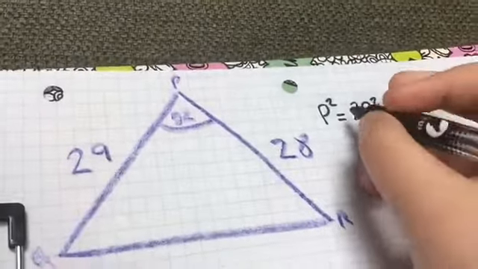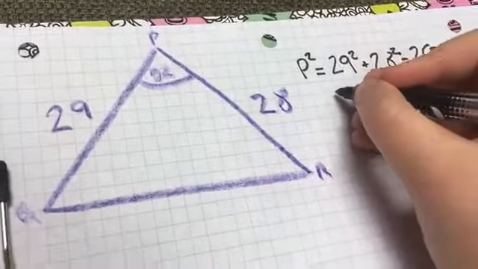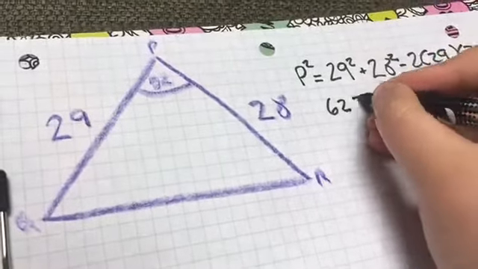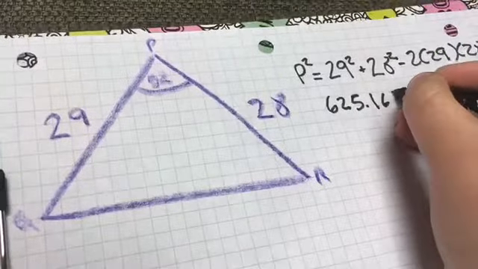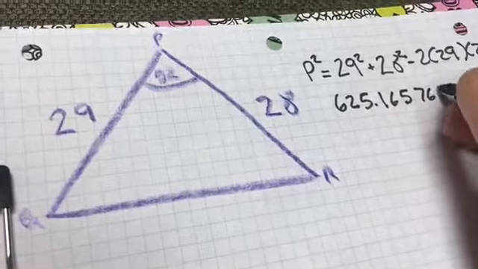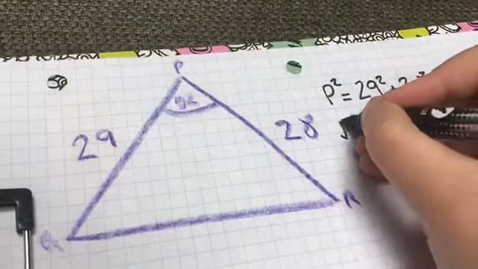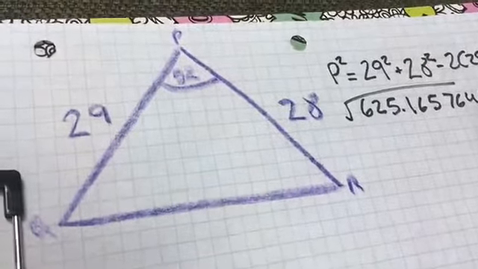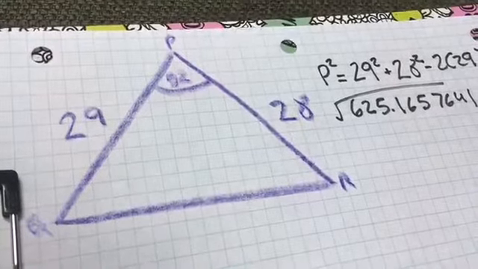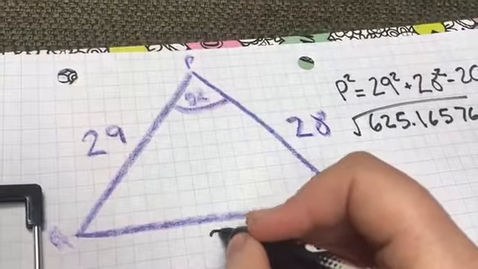Type that into your calculator, make sure to close your brackets, and you're going to get 625.1657641. You're going to square root that, and it's going to give you 25, which is going to be this number here.